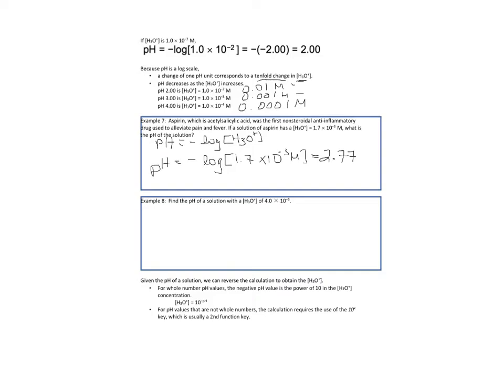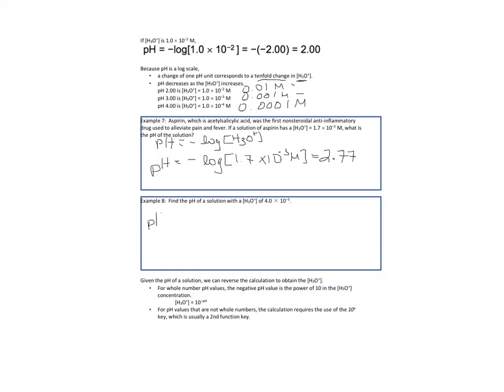You have to type in the log, the number, and then hit the negative sign before you hit enter. If you run into trouble using your calculator, please don't hesitate to let me know. If you take a picture of the calculator, maybe I can help you figure out how to use it, because all calculators are different. And again, if you're using one of the newer Texas Instruments models, it's really easy. Hit the negative key, the log key, which on my Texas Instrument is on the left-hand side, 6 keys down. So hit the negative key, the log key, and then type in your number in scientific notation and parentheses and hit enter.